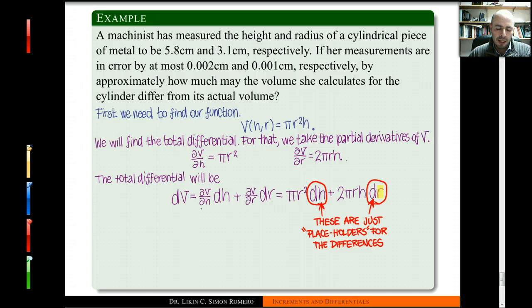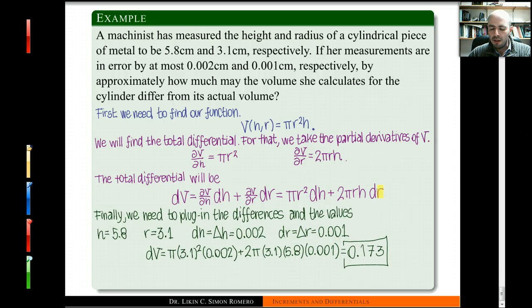Now, in our particular case, we're going to start plugging in numbers in order to get a number at the end. So finally we need to plug in the differences and the values. h is equal to 5.8, r is equal to 3.1, dh is the same as the difference in h, that is going to be 0.002, in other words the error, and dr is just going to be delta r, the error in the radius, that is 0.001.